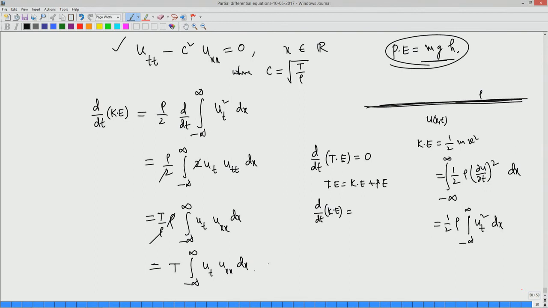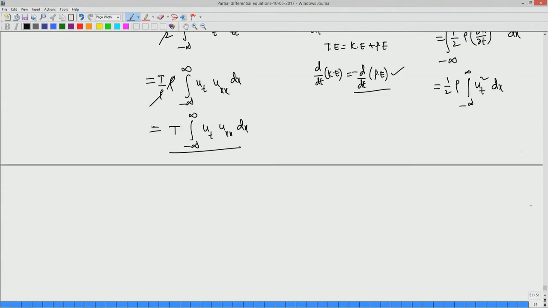I can write this as minus d dt of P, so whatever is inside the derivative is the potential energy we can define, which is equivalent to mgh. We will see how to do that.